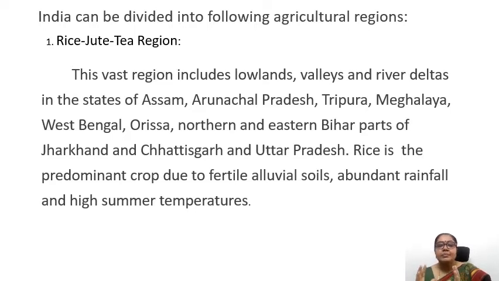Rice is the predominant crop, and due to fertile alluvial soil, abundant rainfall, and even in high summer temperatures, we are able to grow crops. This region is very popular for growing jute, rice and even tea. A lot of tea estates are very famous in these areas.